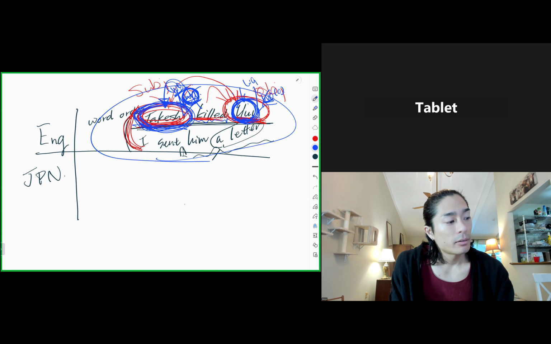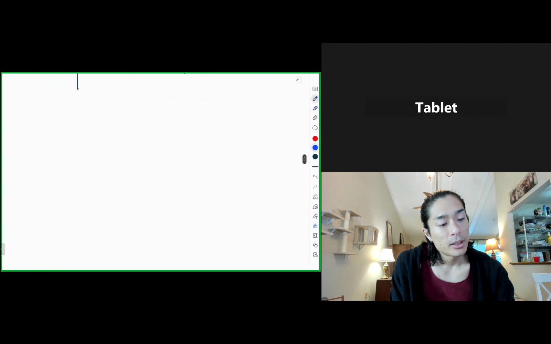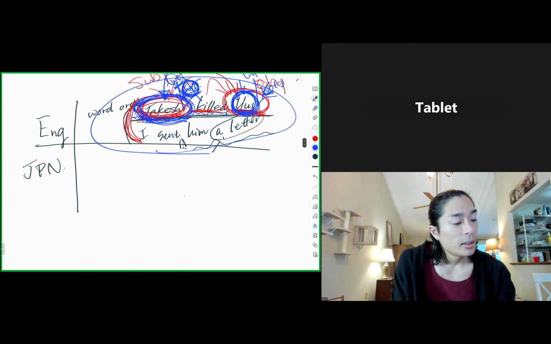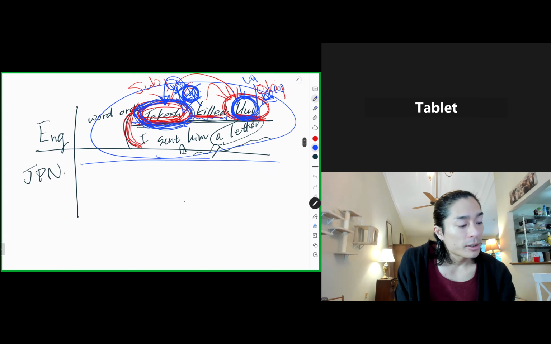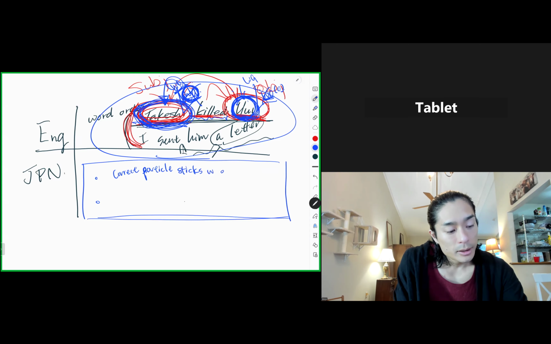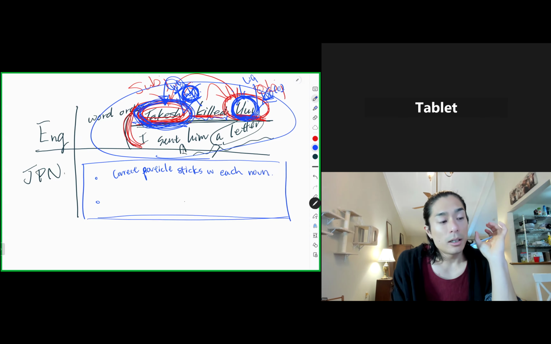Let's cover some particles. Sorry, I forgot to mention the second rule. I said we can shuffle the word order in Japanese as long as we keep two rules. One is the correct particle attached to each noun.